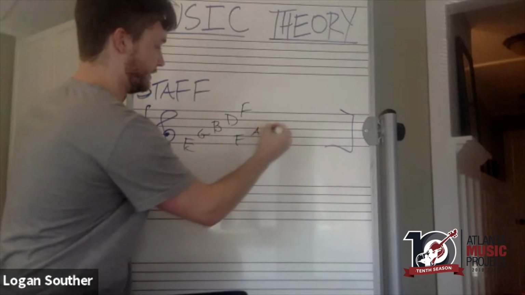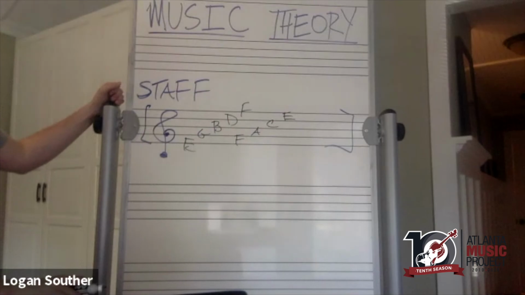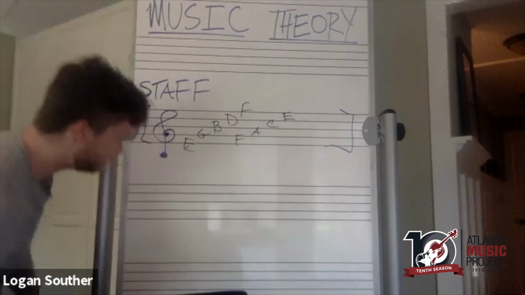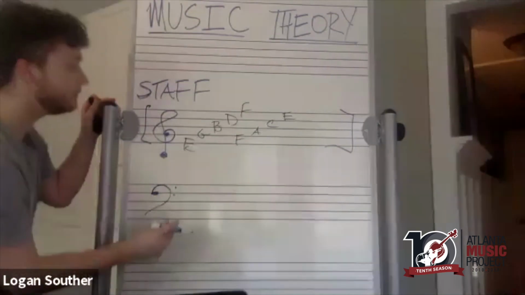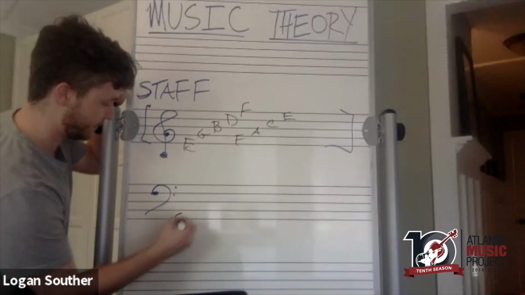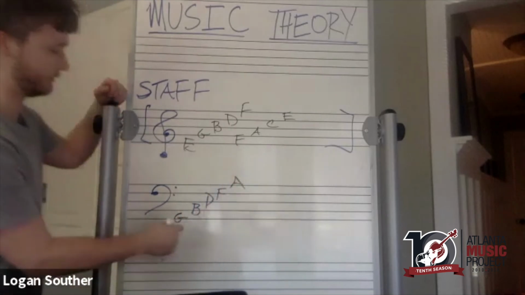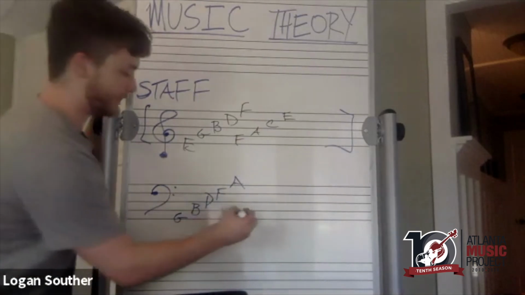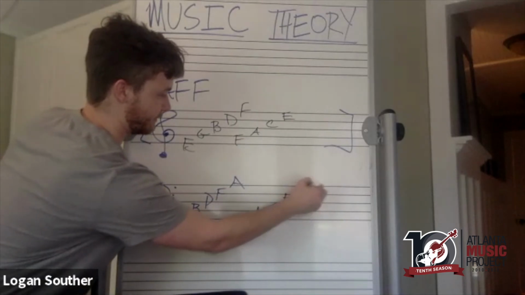F, A, C, and E. And for bass clef, or the F clef, for our lines in bass clef, we have great big dogs fight animals, G, B, D, F, A. And for our spaces, we have all cows eat grass.